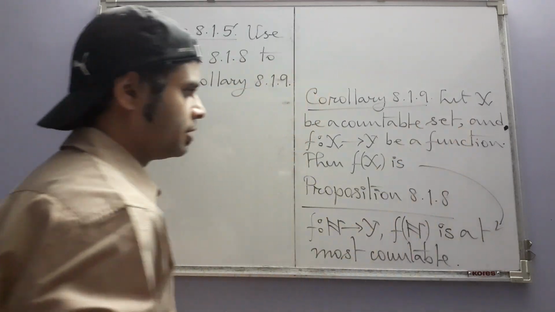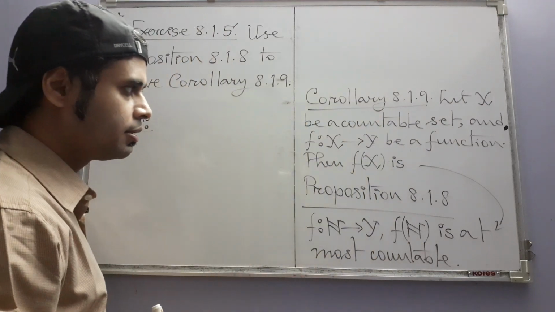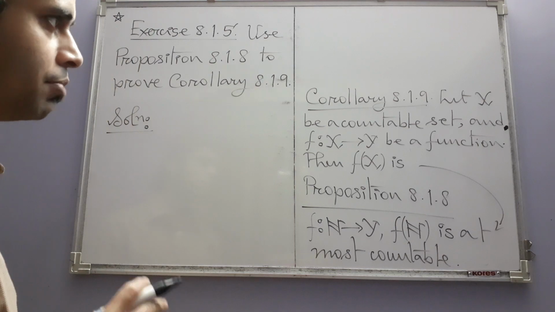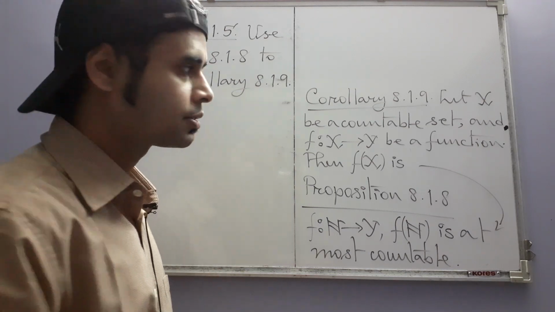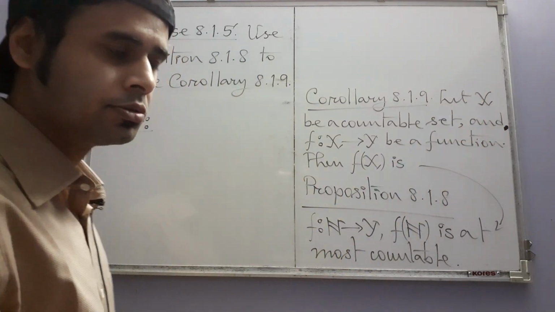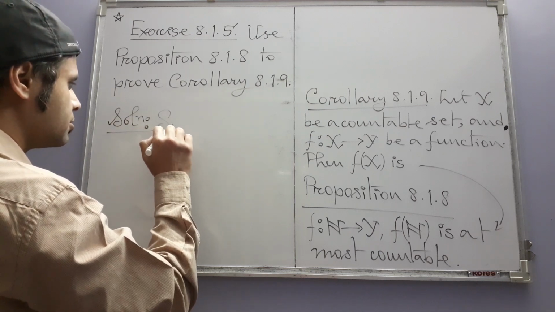We are given two things. One is that X is a countable set, and the other is that there is one such function. Because X is countable, by definition there will be a bijection between X and N, and we are going to use that fact to start our solution like this.